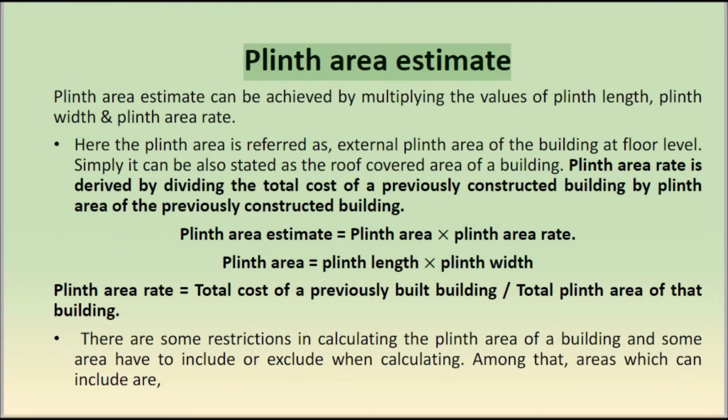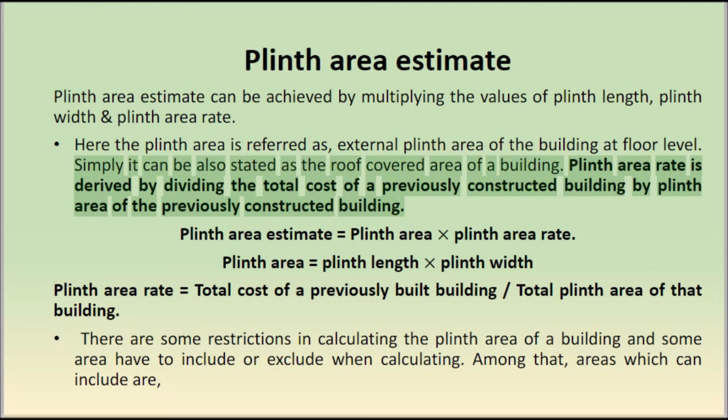Plinth area estimate. Plinth area estimate can be achieved by multiplying the values of plinth length, plinth width and plinth area rate. Here the plinth area is referred to as the external plinth area of the building at floor level. Simply it can also be stated as the roof covered area of a building.